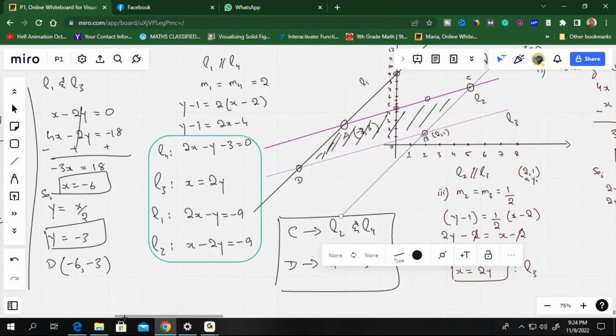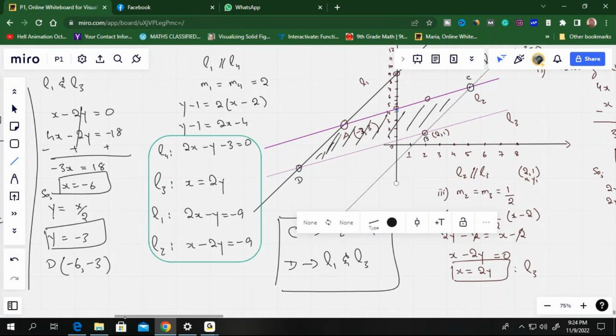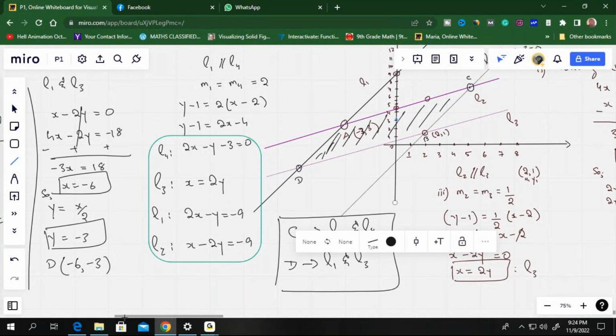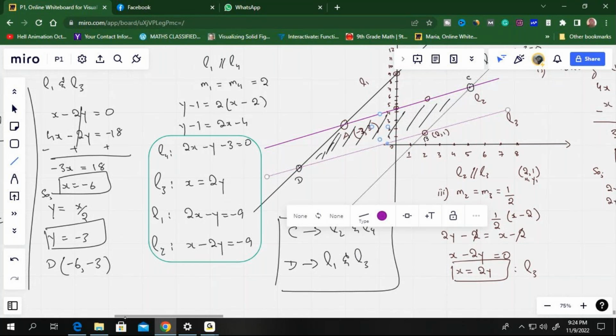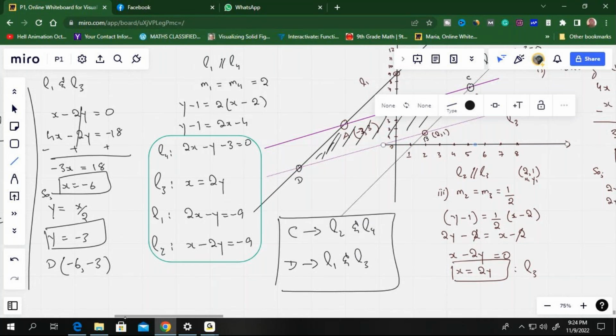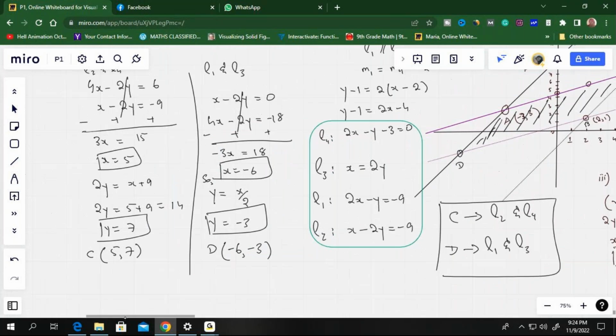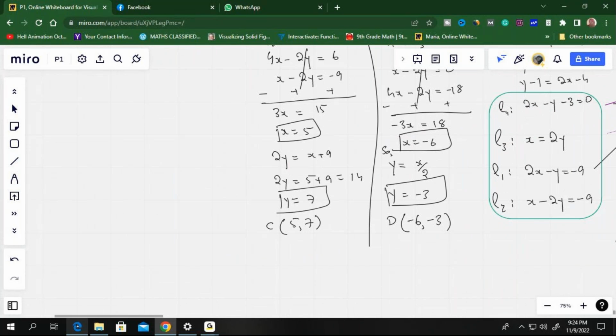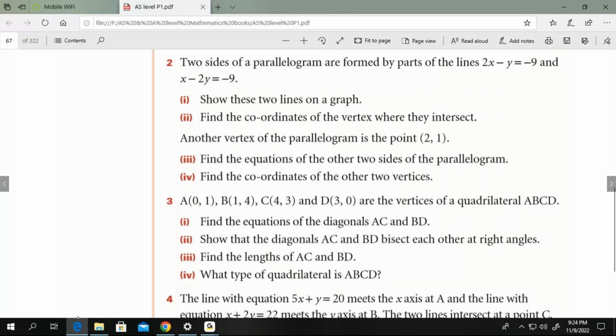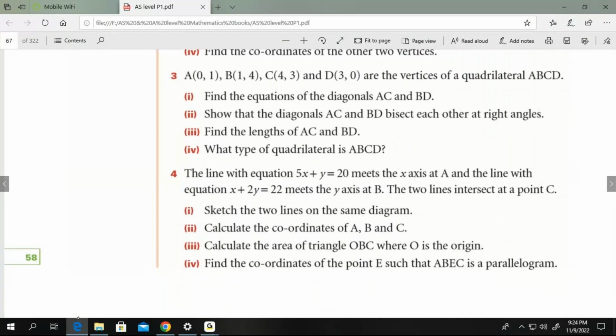If I extend this line a little ahead, you can see that this point D is lying in the fourth quadrant. So that's how we just got the remaining two vertices values, and that's how we end this question. Question 3, question 4.